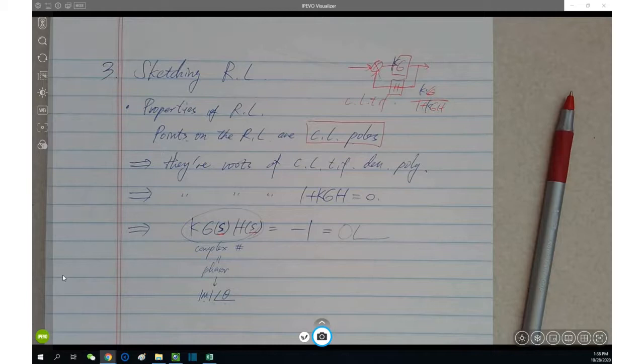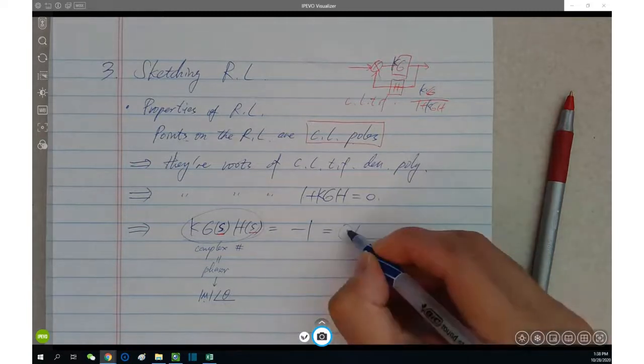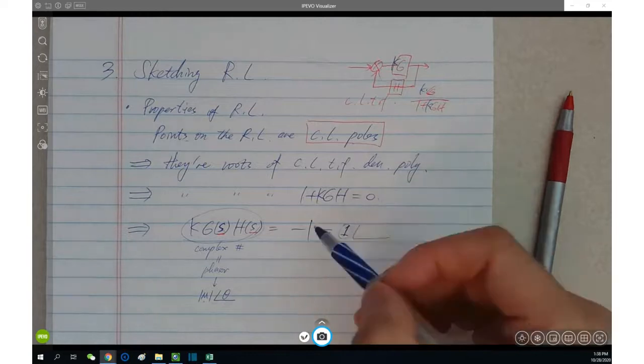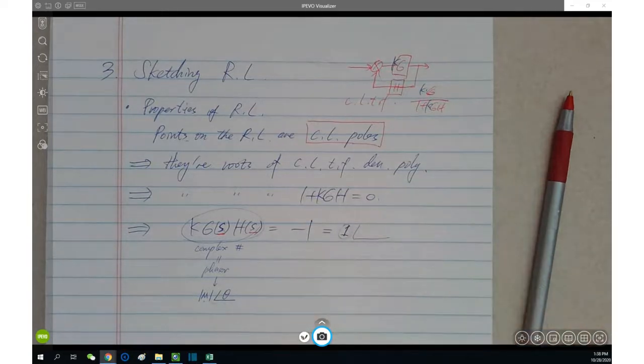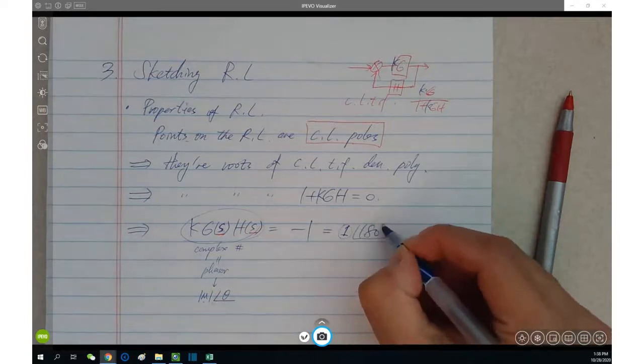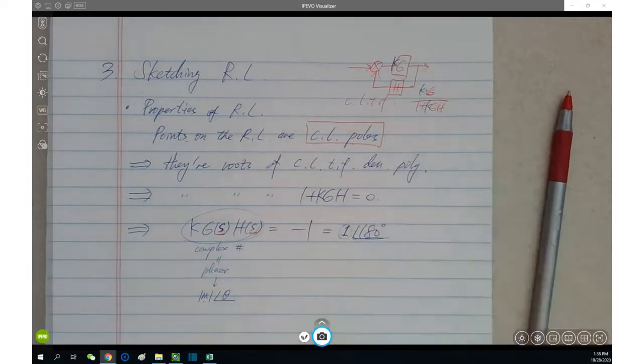Does that make sense? So it's equivalent to a phasor with magnitude of 1. -1's magnitude, of course, is 1. What is the phase angle? It's 180 degrees, or -180 degrees. It doesn't matter. Positive, negative, 180 degrees are the same.